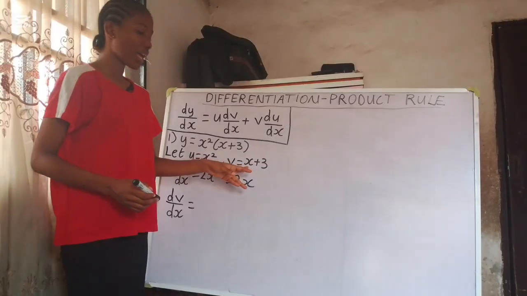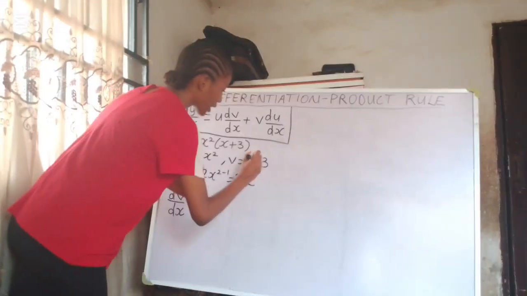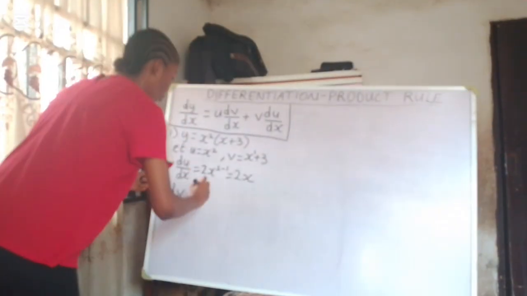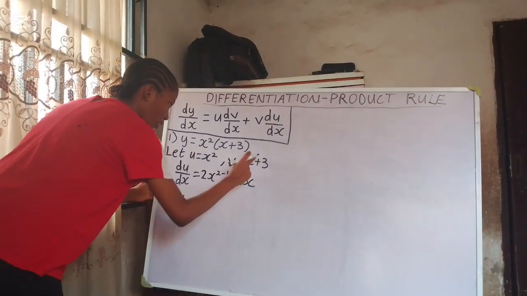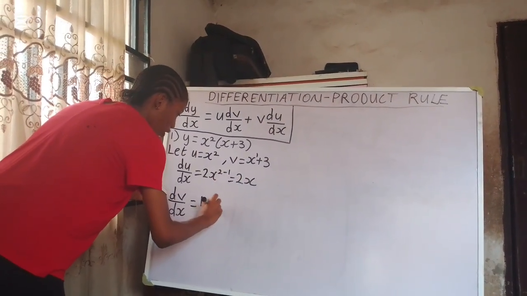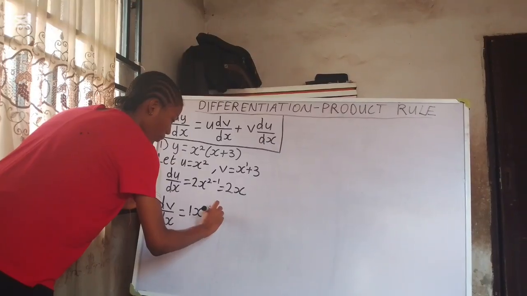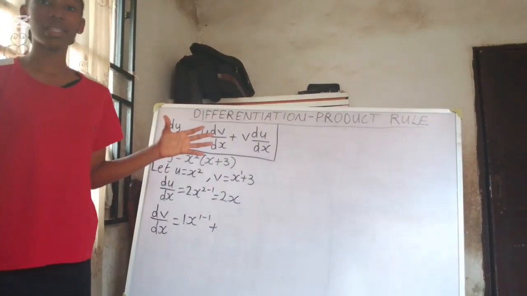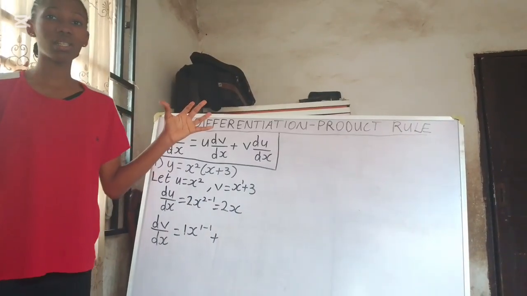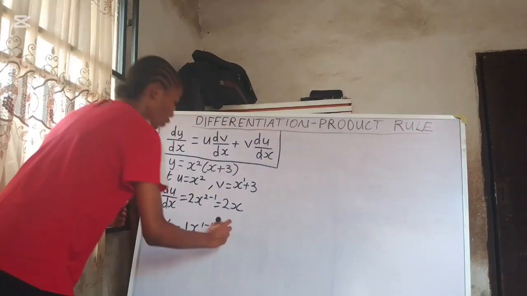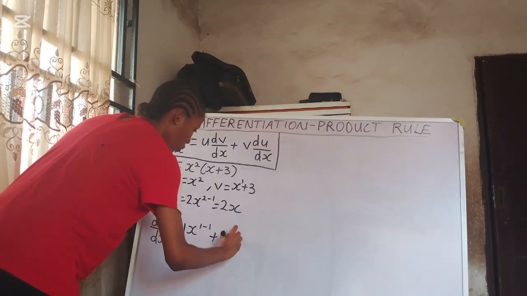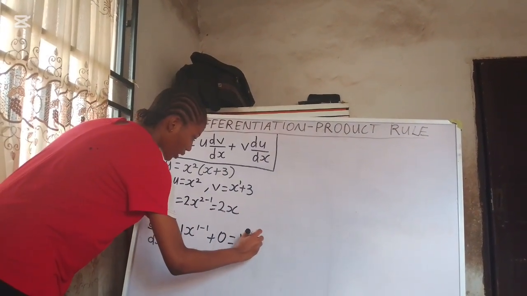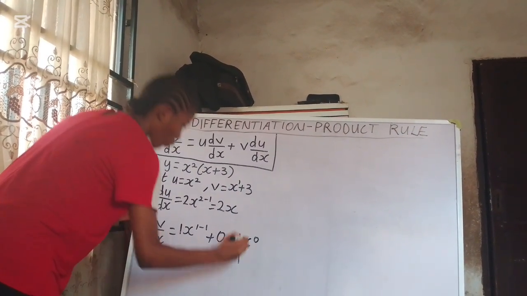You differentiate x. Differentiating x is like x to the power of 1. So differentiating x will give us 1, bring the 1 down, that's 1x to the power of 1 minus 1, plus differentiating 3. 3 is a constant. The derivative of any constant will give you 0. So it is plus 0. So this will give us 1x to the power of 0, which is actually 1.